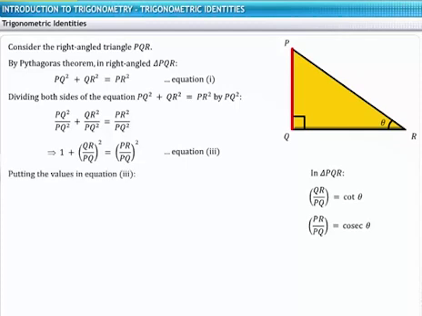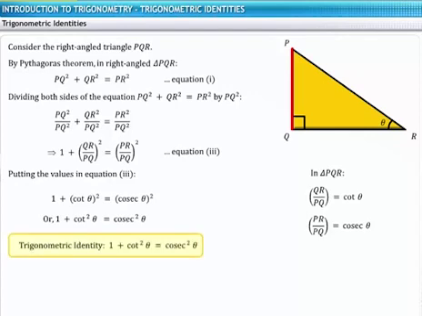Putting the values of these ratios in equation 3, we get an equation 1 plus cot square theta is equal to cosec square theta. This equation is a trigonometric identity.